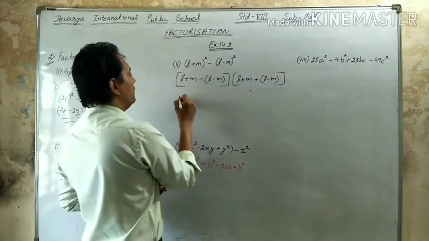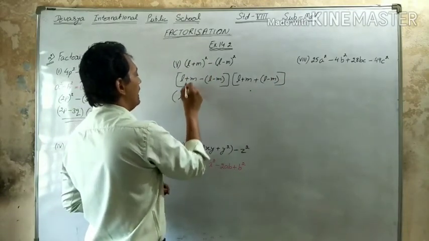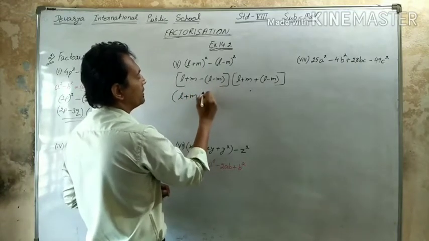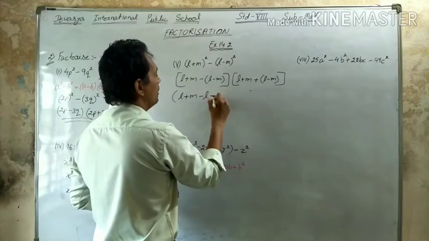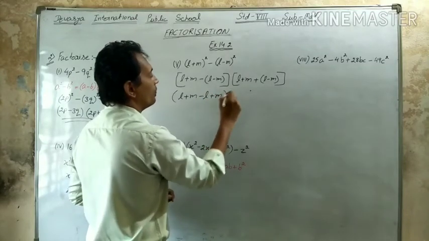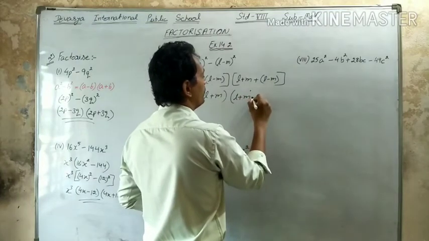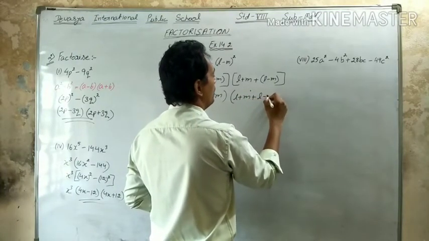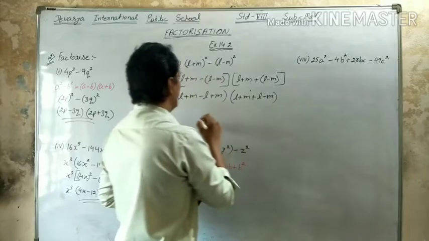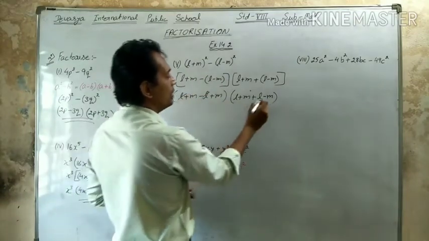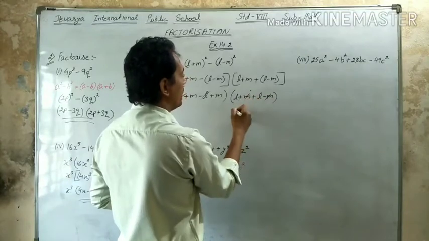We need to open the bracket. l plus m, this minus gets multiplied inside, so minus l plus m, then l plus m plus l minus m. You see, minus l plus l gets cancelled, minus m plus m gets cancelled.